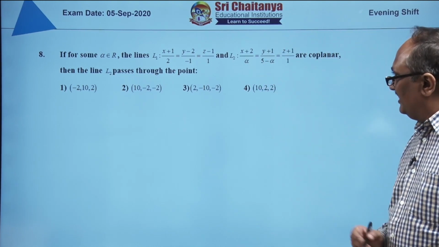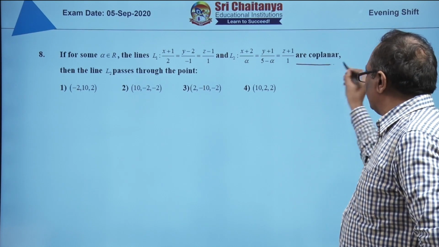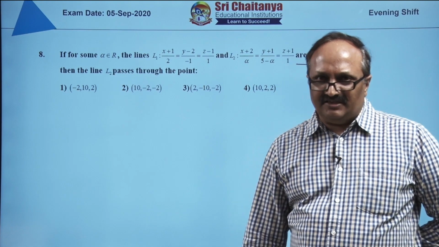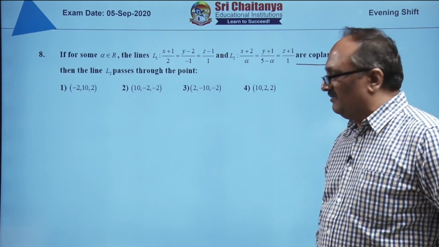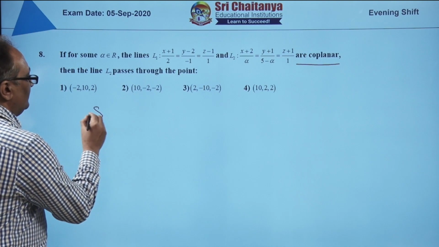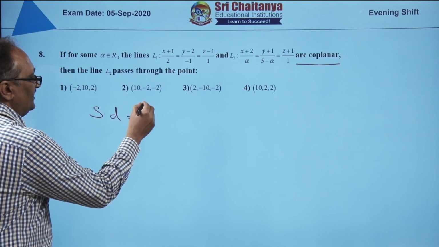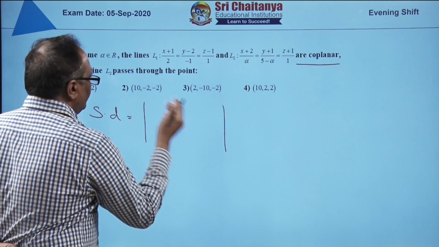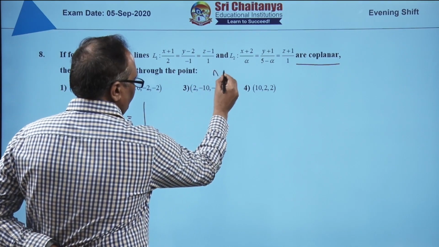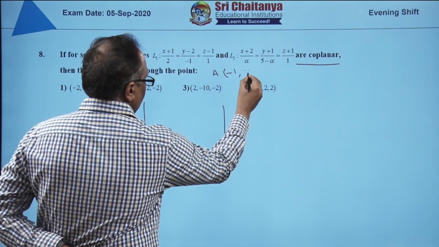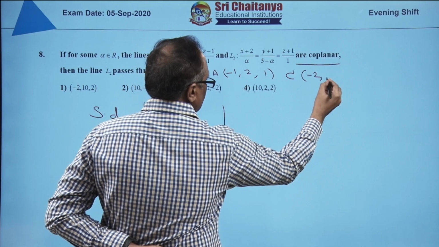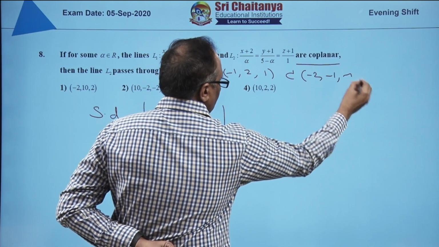Two lines are given and the lines are coplanar. If the lines are coplanar, the shortest distance between the lines is always 0. The shortest distance between them is 0, so for the formula you can identify the determinant of the values. The first point in the line you can identify as minus 1, 2, 1, and the C point in this is minus 2, minus 1, minus 1.